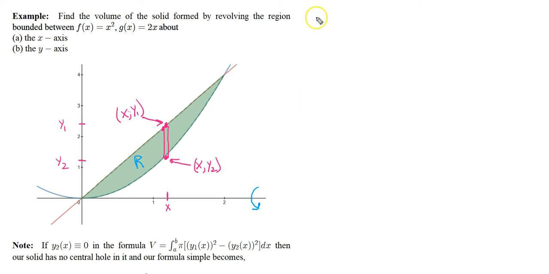And now your volume, well, it's going to be pi times the outer radius squared. So now our outer radius is going to be the distance from the axis of rotation to the outermost point on the rectangle here. So that distance from here to here is being measured along the y-axis, and you see it's equal to y1.